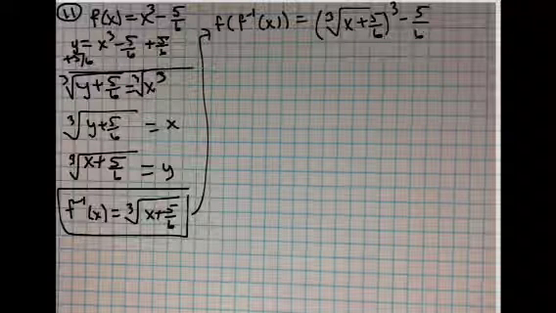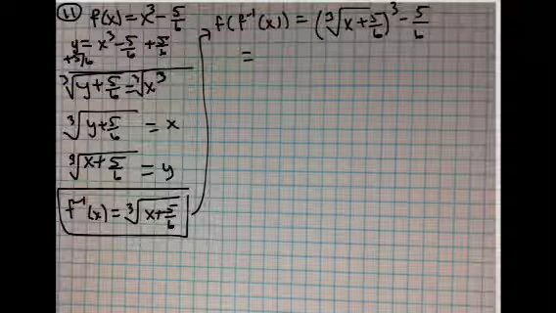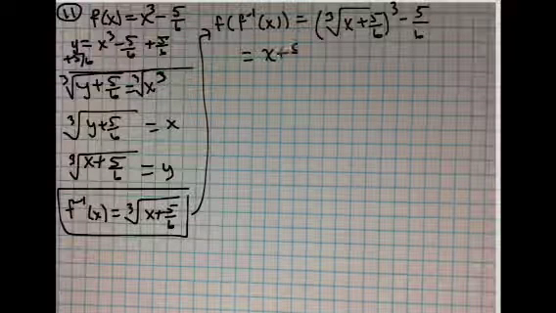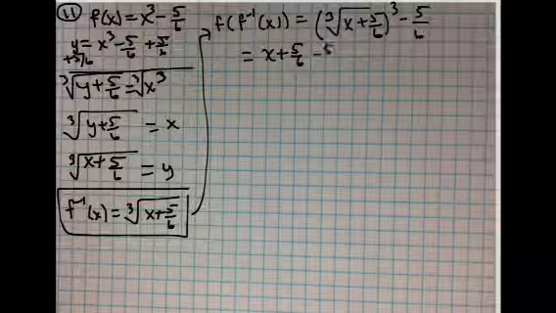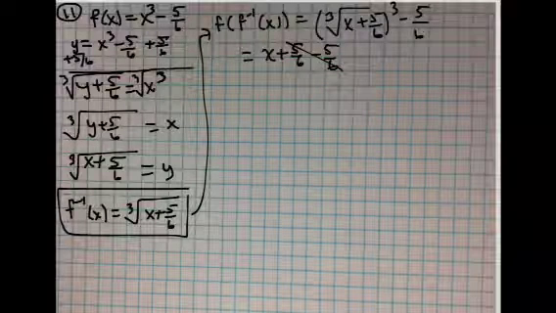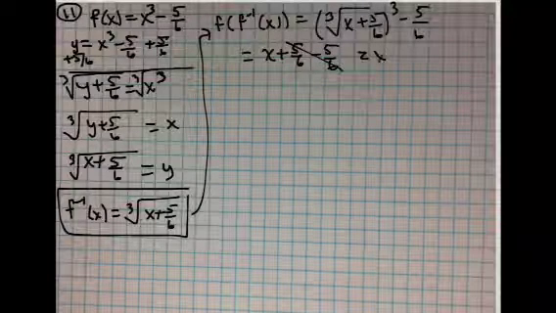Now cubing the cube root gets rid of the radical. So then I have x plus 5/6 minus 5/6. So the 5/6 are gone, and you're left with x.